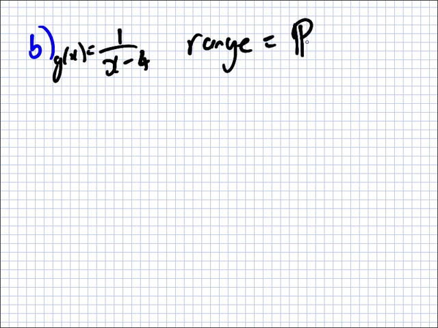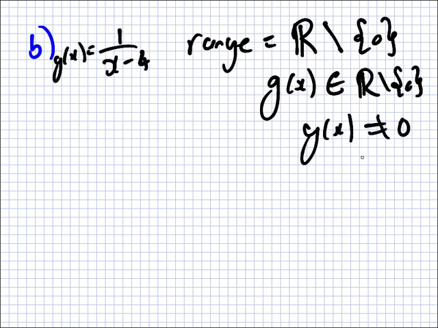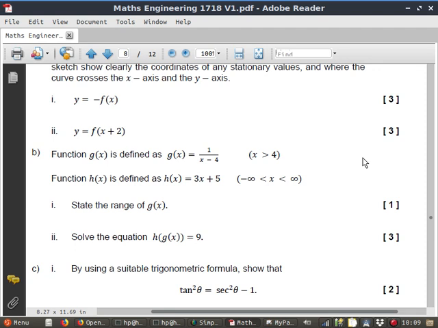It's all the real numbers except 0. Gx, I thought that is all the real numbers except 0. Gx can never equal 0. But give us the x bigger than 4.